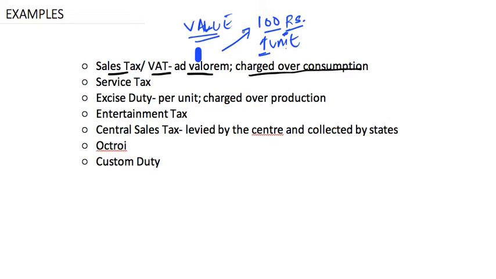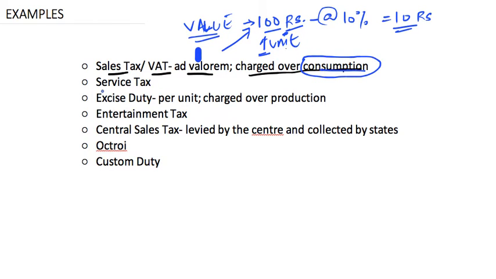So, remember that value added tax is ad valorem, which means that it is charged over the value of a good. It is charged over consumption. This means that on these 100 rupees, if the tax is 10%, then 10 rupees of tax will be charged only when the good is consumed or purchased by the final consumer.